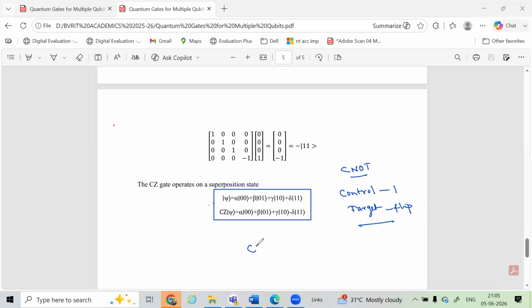Whereas in the case of CZ, only the 1 1 state, when operated on by the CZ, becomes minus 1 1. That's enough on quantum gates for multiple-qubit systems, especially from the exam point of view. Just write these two. If needed, I will provide other details related to the swap gate or Bell gate, etc. Right. Thank you.